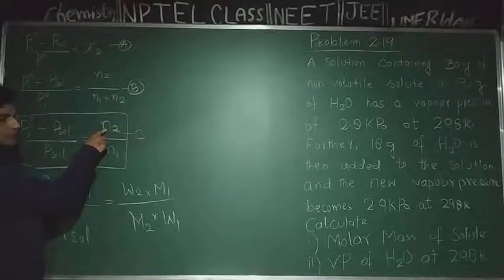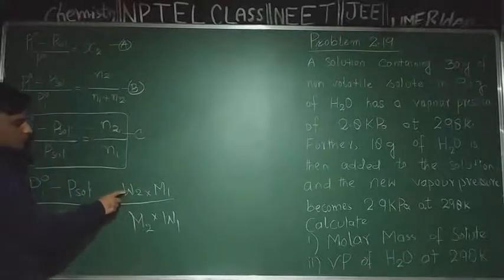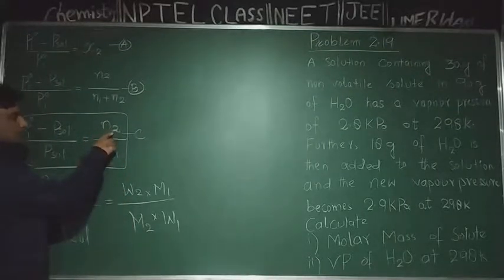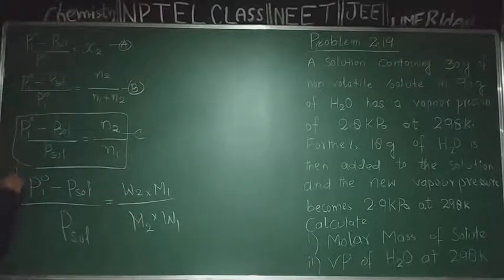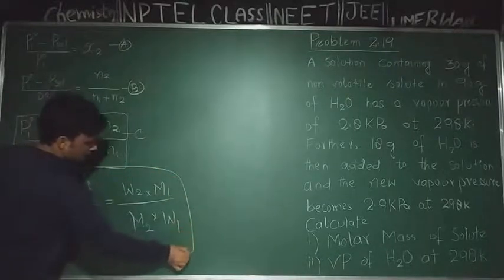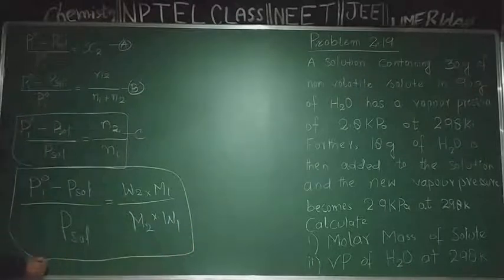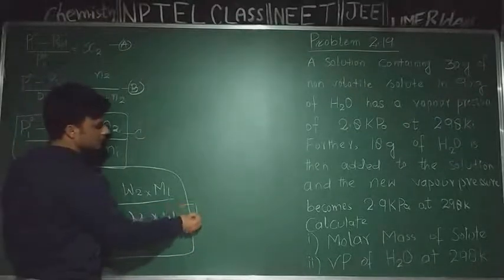We know number of moles is equal to ratio of given mass and molar mass for both solute as well as solvent, and by expressing number of moles in terms of ratio of given mass and molar mass, I will end up using this equation. This is the actual form of equation. I will label it as equation D.